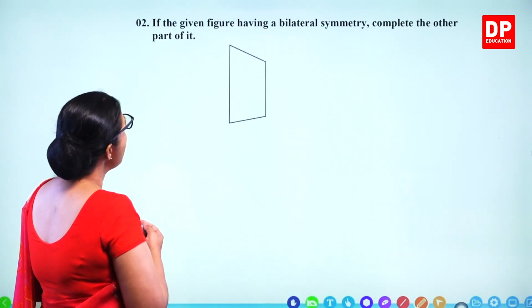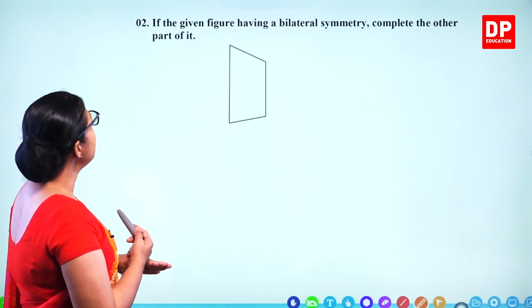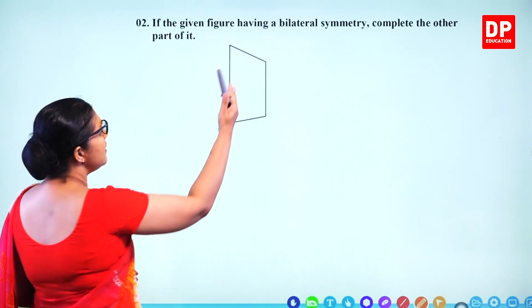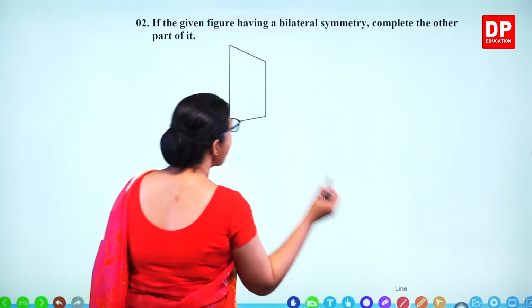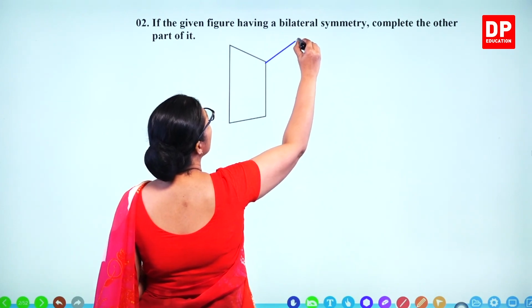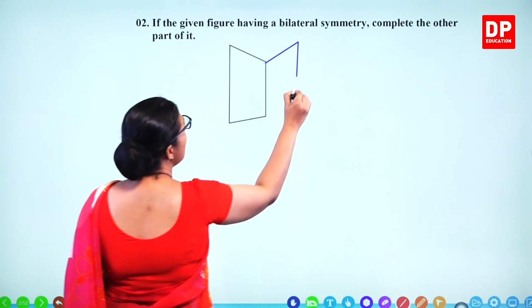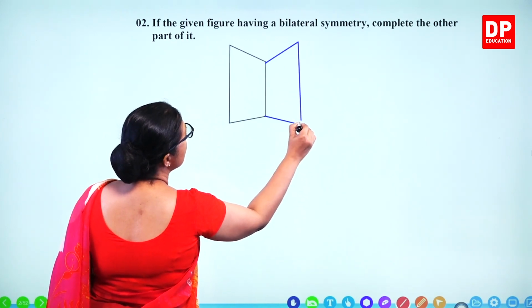Question number 2. If the given figure has bilateral symmetry, complete the other part of it. So we'll take this one as the axis of symmetry and draw the other part. You can draw like this. If I get squares, I would have done it correctly.